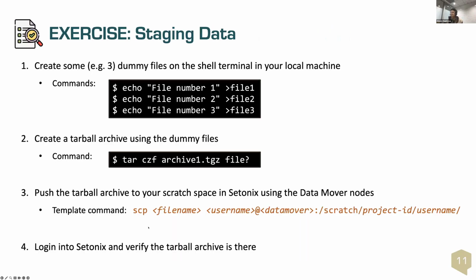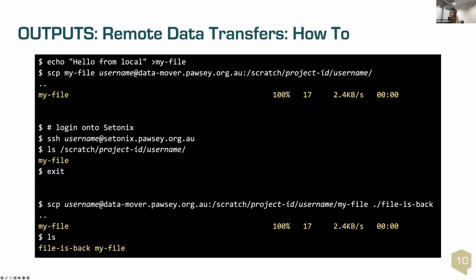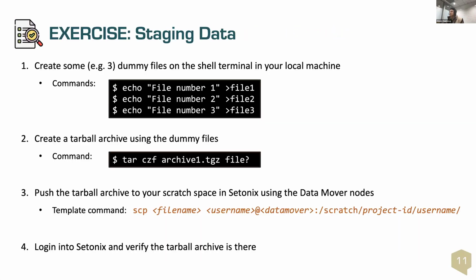Basically, that's the thing. So here's an exercise. Create 3 files, put them into one archive file, and then use SCP to copy the file to your project and check that everything is working.